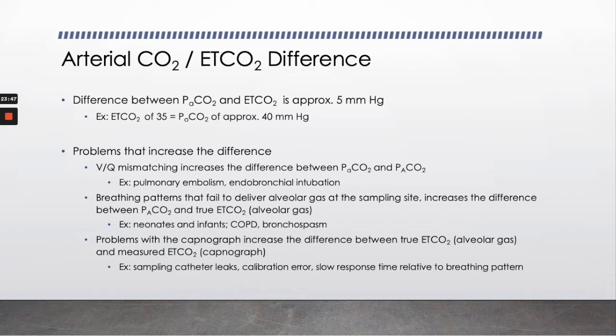For instance, if the patient is breathing at a rapid respiratory rate, and we have a slow response time, like with a side stream capnograph or side stream analyzer gas sampling system, then we would have an increased difference between the true end-tidal CO2 and the measured end-tidal CO2.